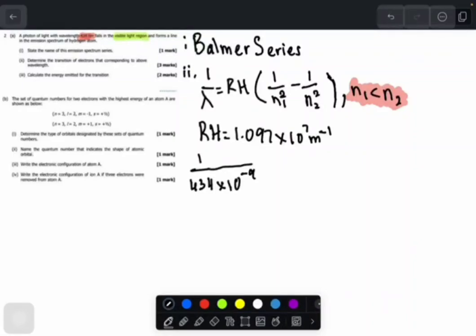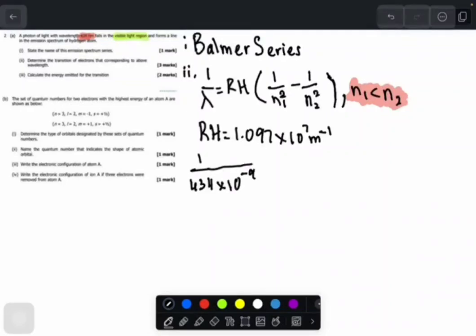Change the other value to match it, so we change the nanometer wavelength they gave us to meter. Only then we can do this question. If I were to write 434 nanometers here without changing it to meter, the answer is going to be wrong.